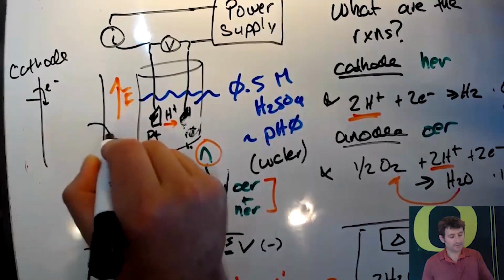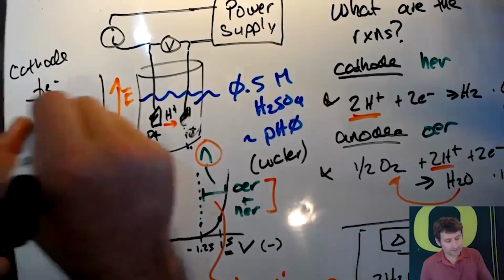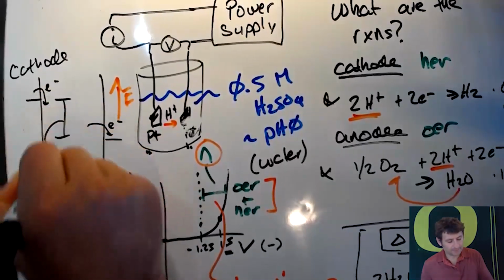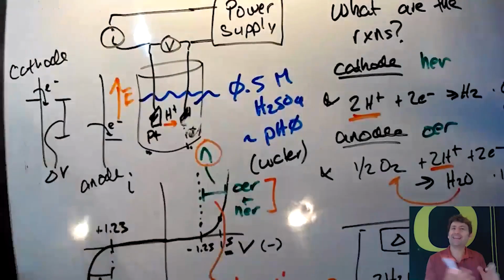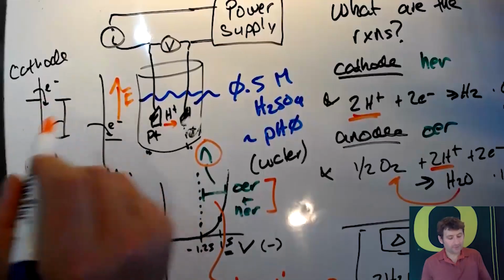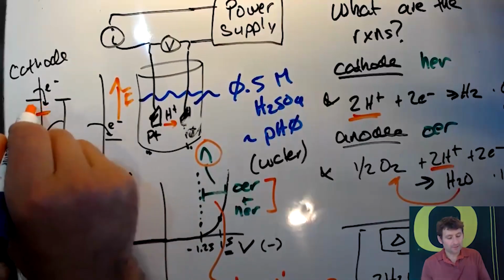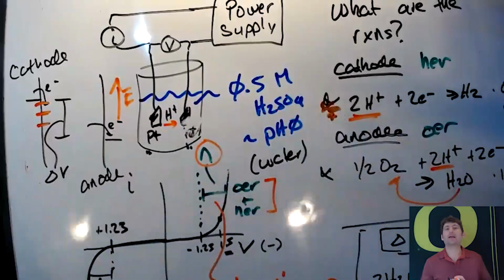The anode's going to do an oxidation, so it's going to take electrons. And what I'm controlling here is the delta V. But I don't know where these are in any absolute terms. I don't know if the hydrogen level is here or here or here. I don't know where this actual thermodynamics is. So this is a problem with a 2-electrode cell.